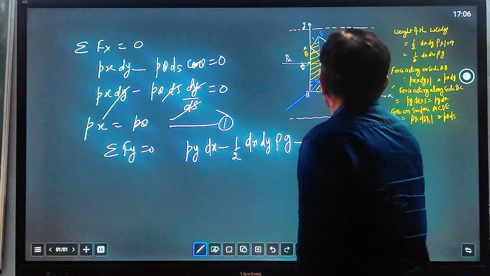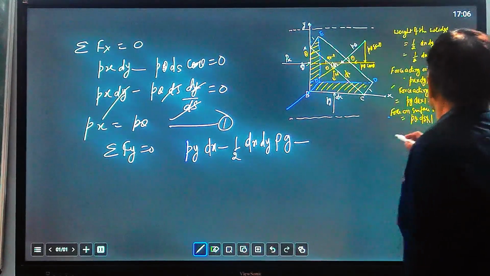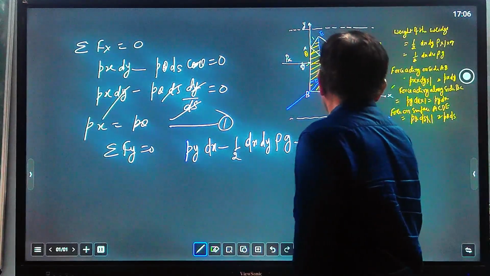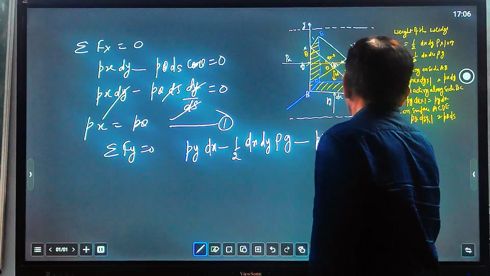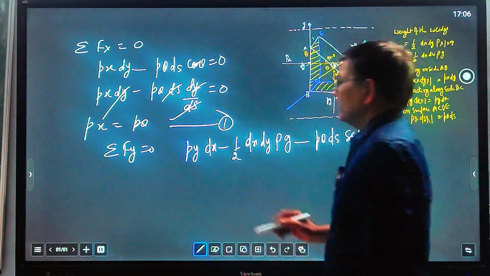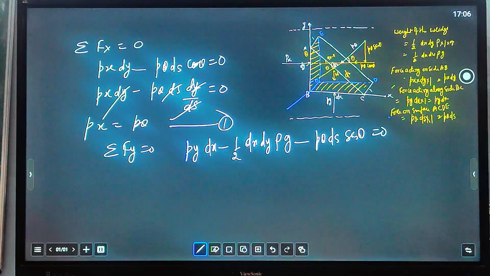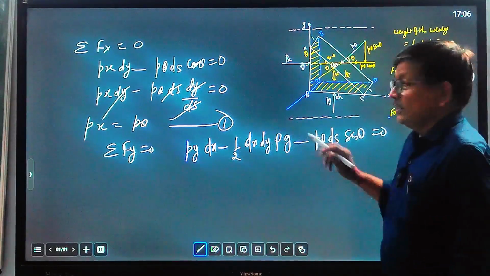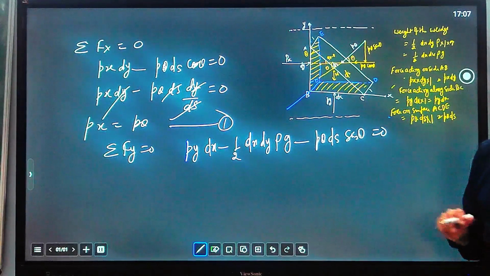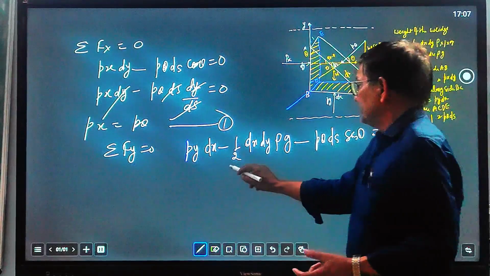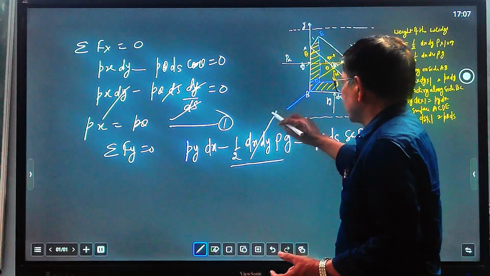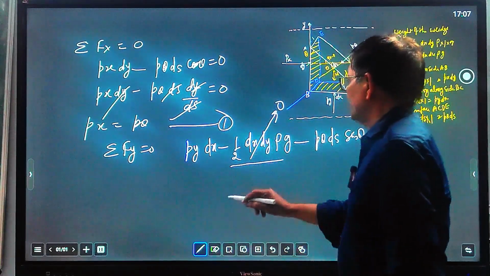So already we have resolved the force: P theta into ds into sin theta equal to 0. And we know that this element is very small. Elements dx and dy are very small, so when we multiply them, the product becomes very small. So the weight of this wedge can be neglected and taken as 0.